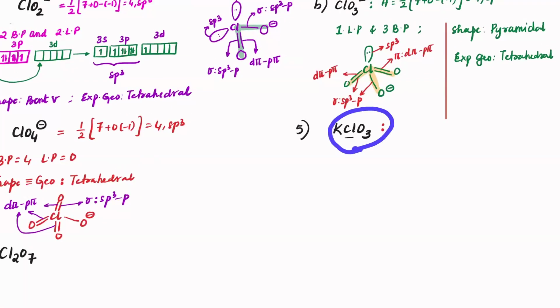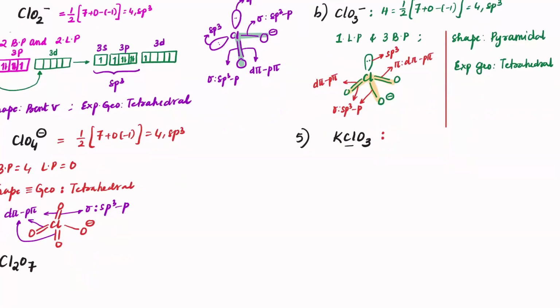Check KClO3. KClO3 is basically, first you convert that into ionic form, K plus and ClO3 minus. Since it is ClO3 minus, you can just fetch all the information from the above. It is the same thing. So steric number is 4, it is sp3, 1 lone pair and 3 bond pairs. Correct?